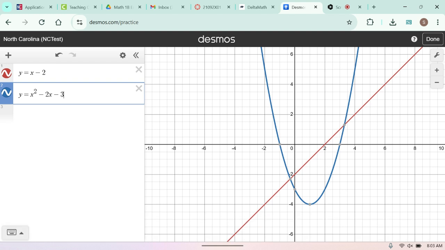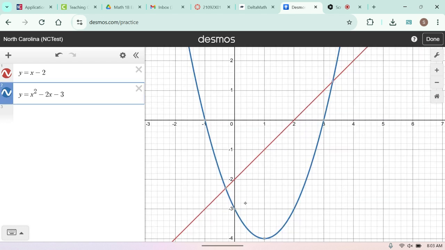All right, so this should be the screen that you see. So the red line is the x minus 2, the blue is the quadratic graph. Now, remember, Desmos already goes ahead and marks the points of intersect for you. So you can just click on them. So here and here.